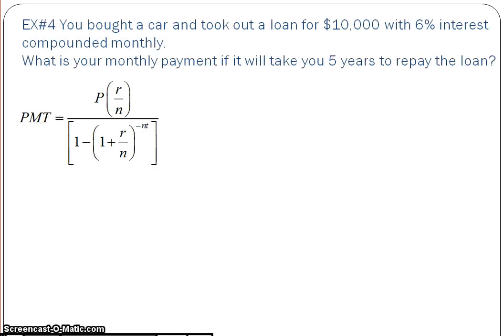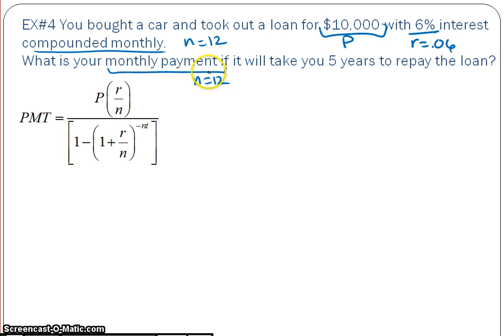Okay, so here we bought a new car for $10,000. So that's our P, our principal loan amount, with an interest rate of 6%. So our R is 0.06, compounded monthly, so N is 12. Since it's compounded monthly, for the simplicity of the problems, we're going to make monthly payments, right? Monthly N is 12. If you take out a 5-year loan, that means T is 5 years.